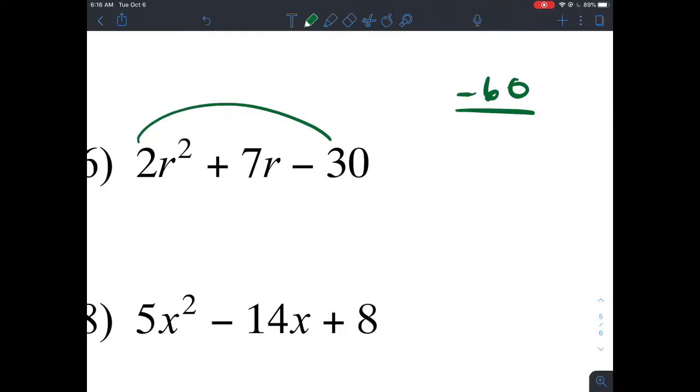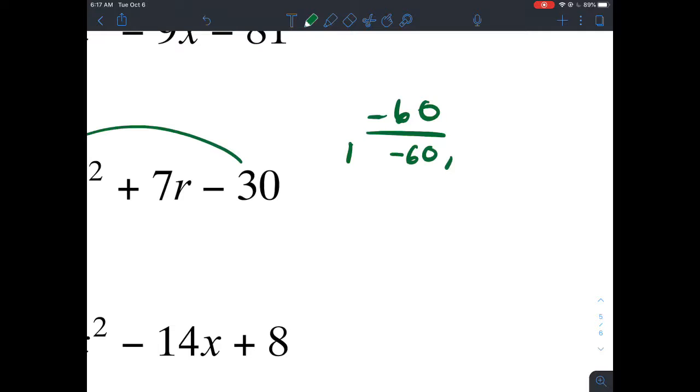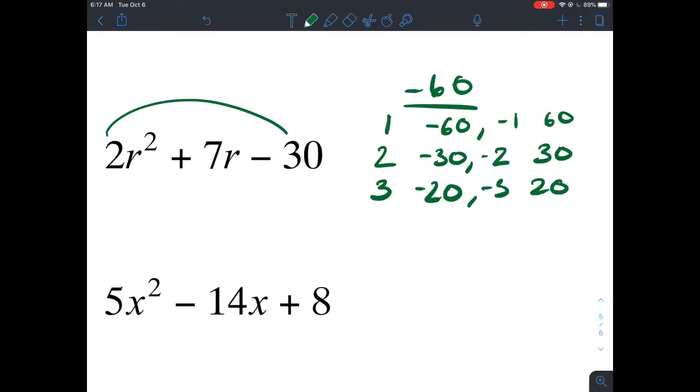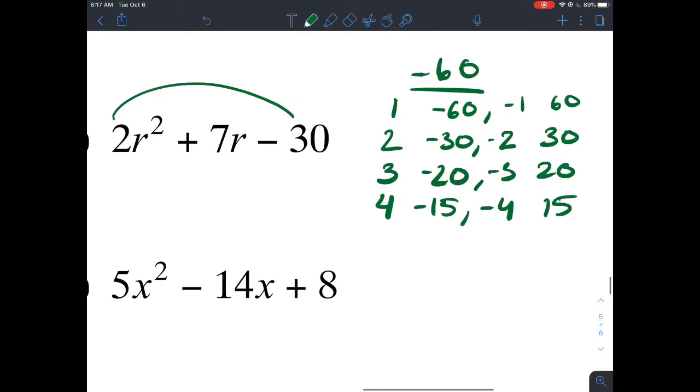So now I'm going to write out my factors of 60. Now there's a lot of them. All right. We're going to do 1 times negative 60, negative 1 times 60. Then we've got 2 times negative 30, negative 2 and 30. 3 times negative 20, negative 3 times 20. 4 times negative 15, negative 4 times 15. 5 times 12.